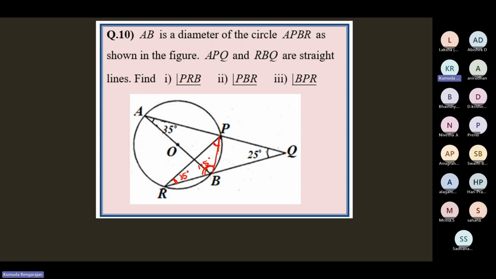So in this triangle, we found here 115, and this angle also we found here 35. So using the angle sum property, you can find BPR. 115 plus 35 is 150, 180 minus 150 is 30.